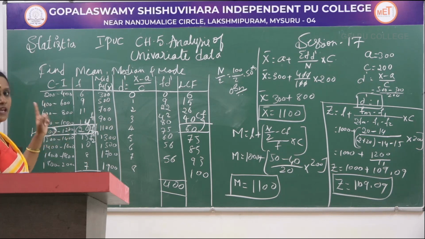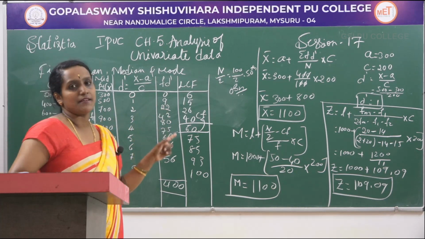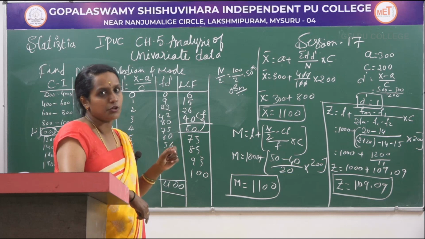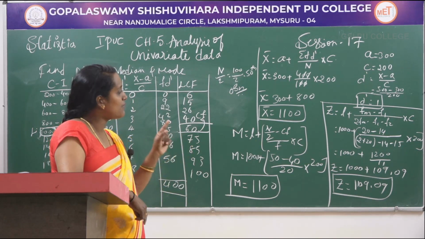The previous one will be F1 and the next one will be F2. Again L will be 1000, and the formula is L plus (Fm minus F1) divided by (2Fm minus F1 minus F2) into C. In this formula we have to substitute the values.